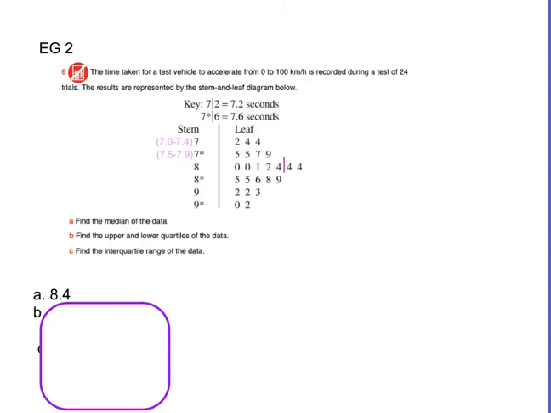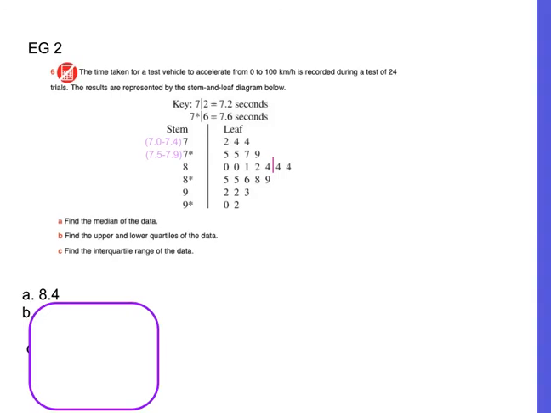If we look at our next question, it's asking us to find the upper quartile, so Q3, which is what we discussed last lesson, and our lower quartile, which is Q1. So the way that we do that is we now have 12 results in our lower half and 12 results in our upper half.